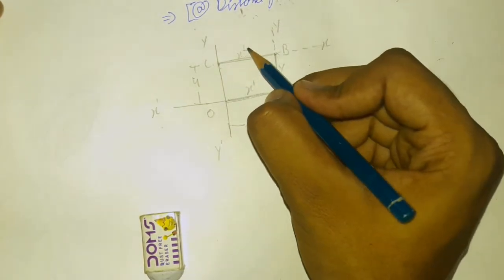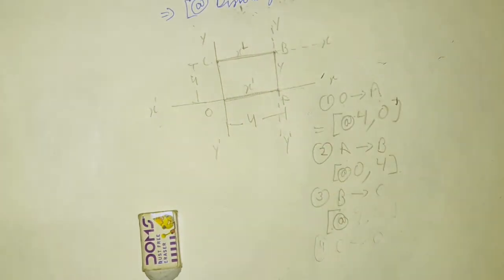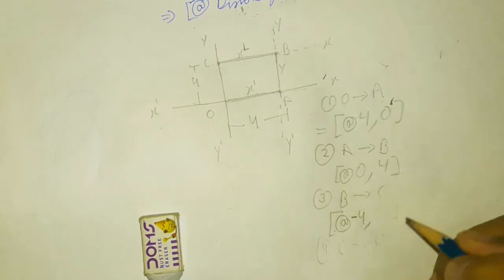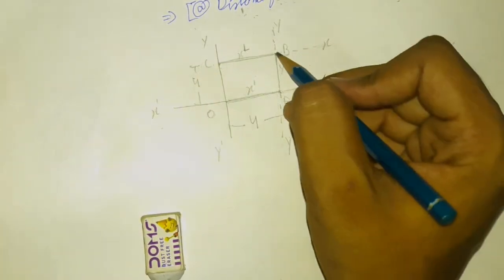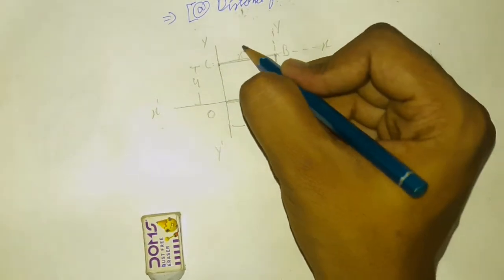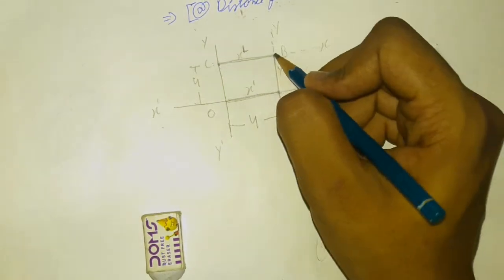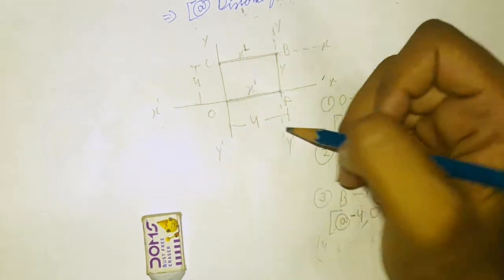As we know the symbol, this means here the x value is negative, hence -4, comma, distance from x-axis. Distance from x-axis for B to C is our 0. X dash, because this point B is our origin, so left side of the origin we have the negative value of x-axis.